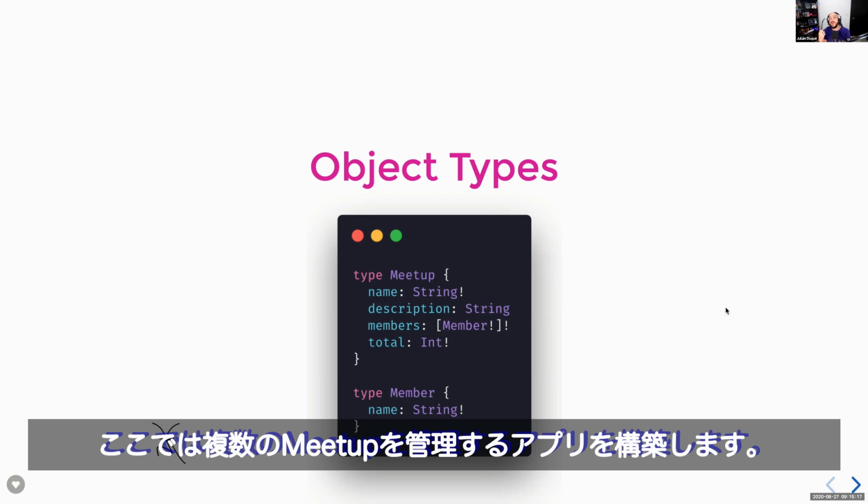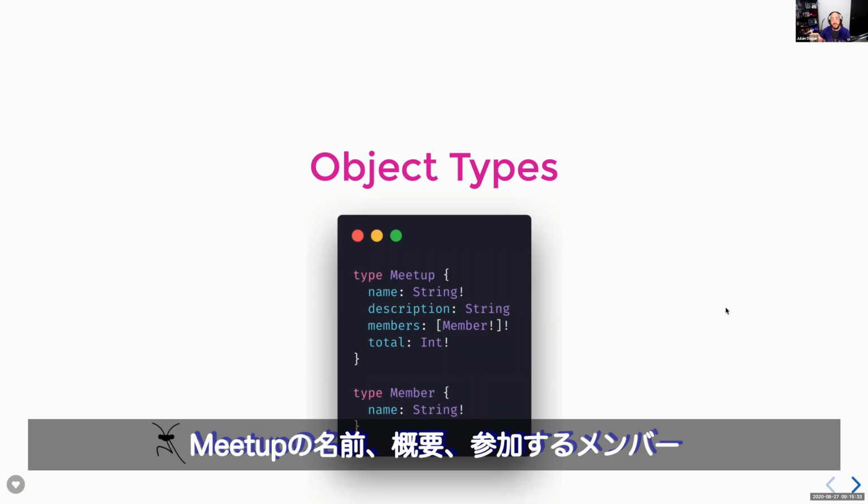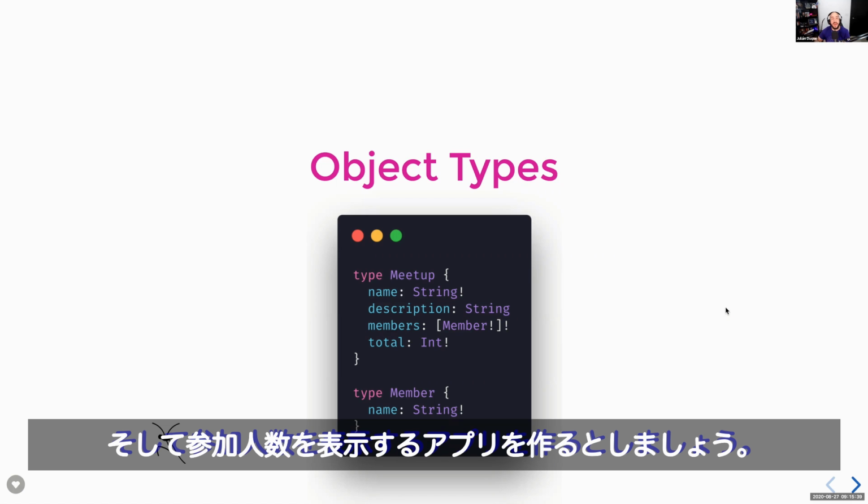In this case, we are going to create an application that is going to let me manage different meetups. For example, for the Heroku Japanese user group, we want to have an application where we can have a list of all of the different meetups, the name of the meetup, the description, the members that attended this meetup, and have a counter with the total of people that attended the specific meetup.